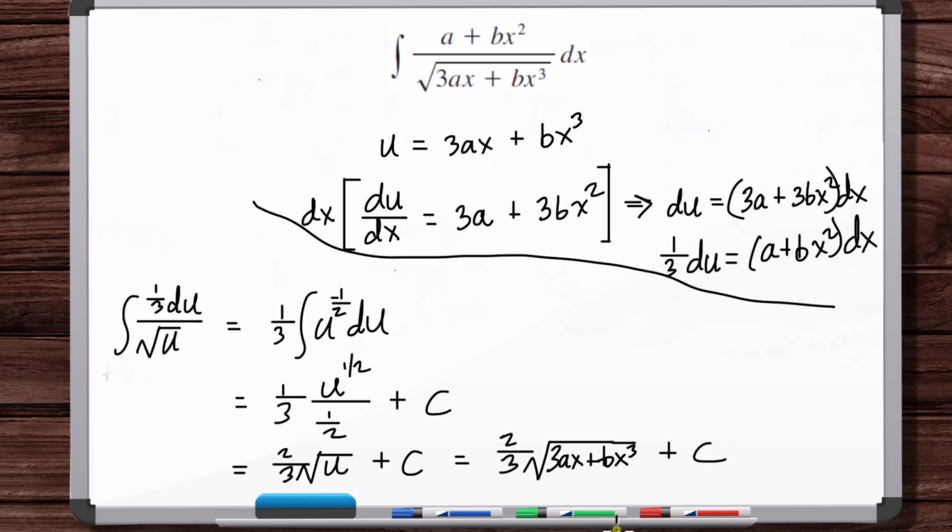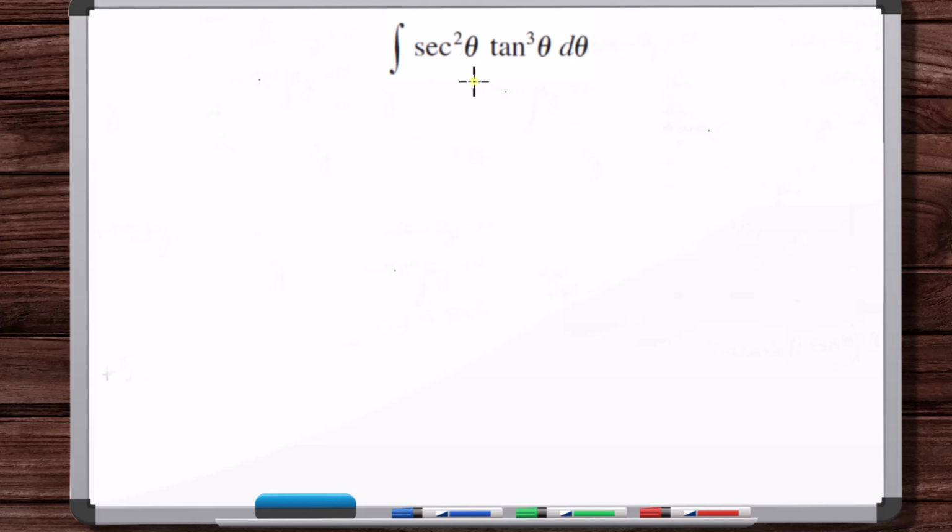All right, so I see secant squared theta and tangent theta, and so what immediately comes to mind is the fact that the derivative of tangent theta is secant squared theta. So let's do u is equal to tangent theta.